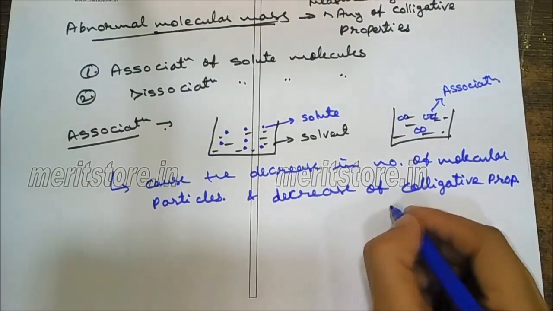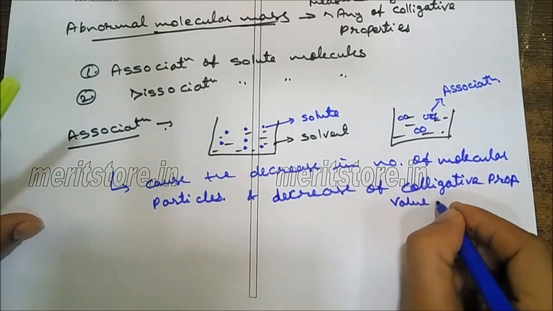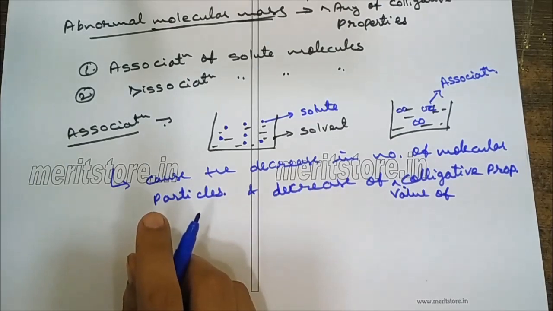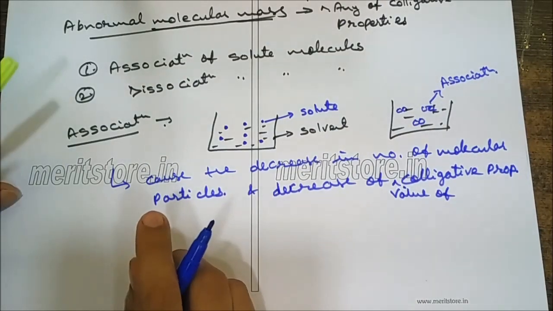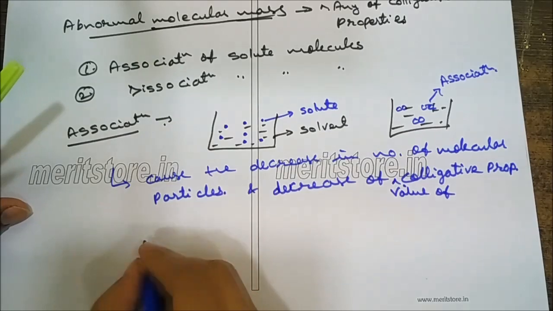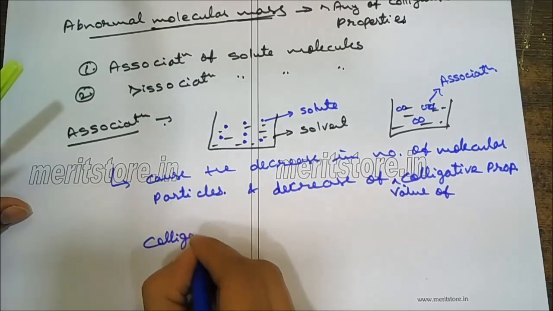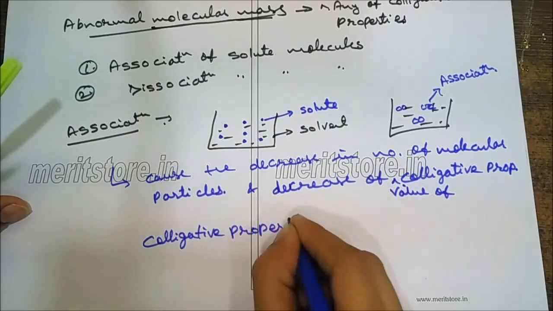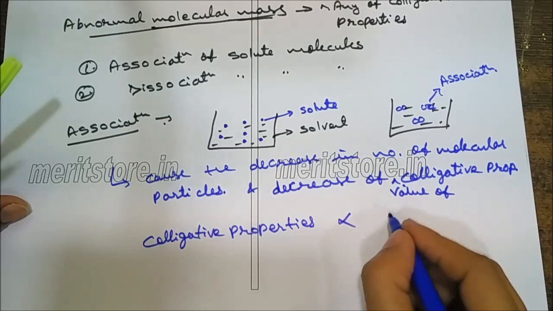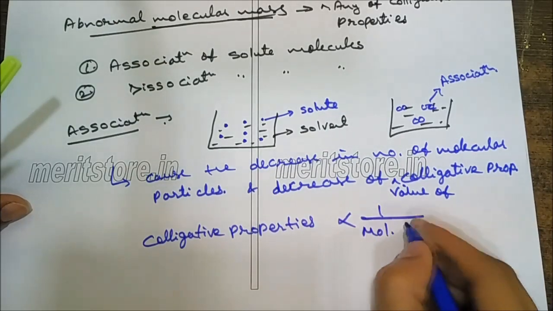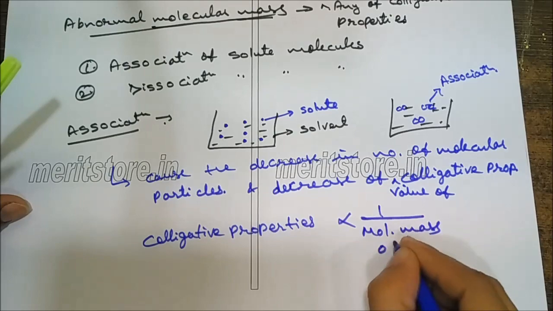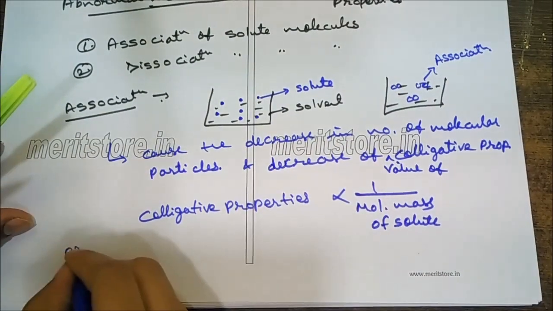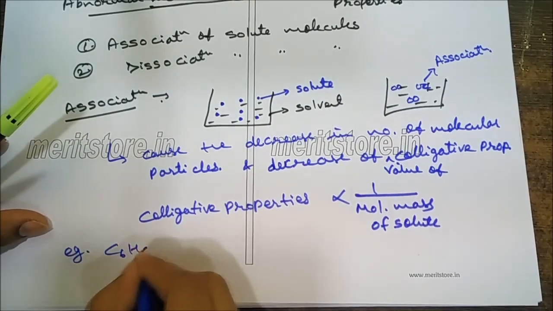The value of colligative properties decreases. As we know that colligative properties is directly proportional to the number of particles, or we can write the magnitude of colligative properties is inversely proportional to the molecular mass of solute. You can take one example as the benzoic acid.